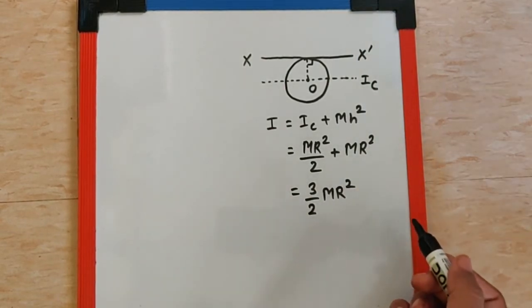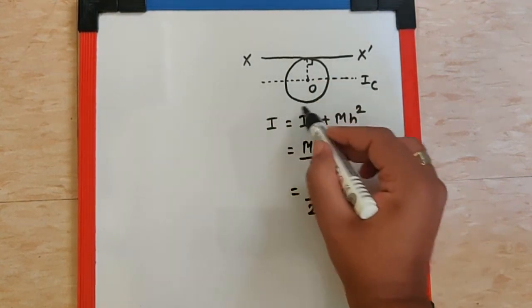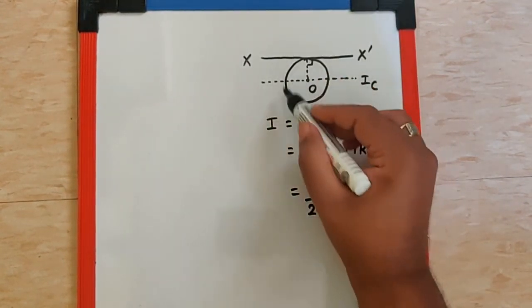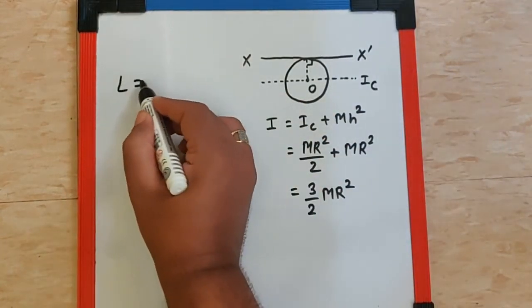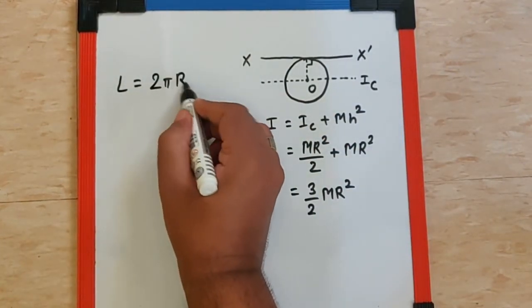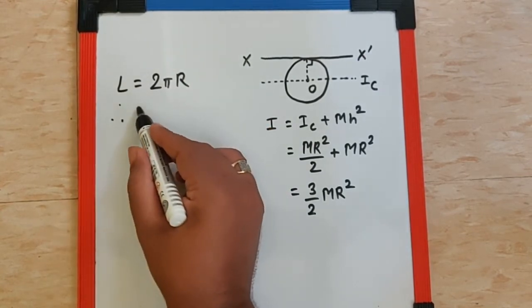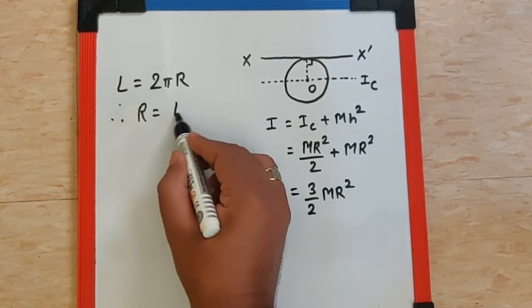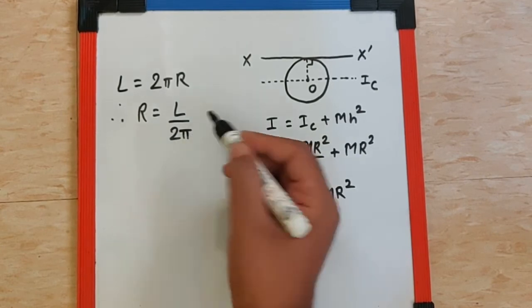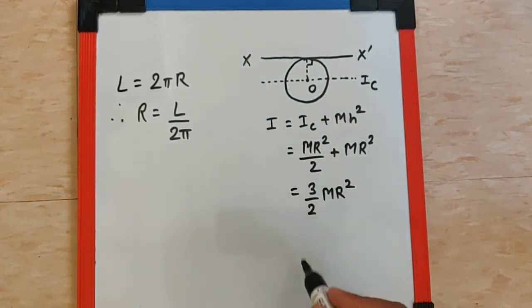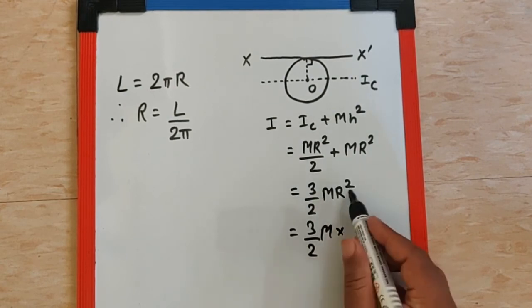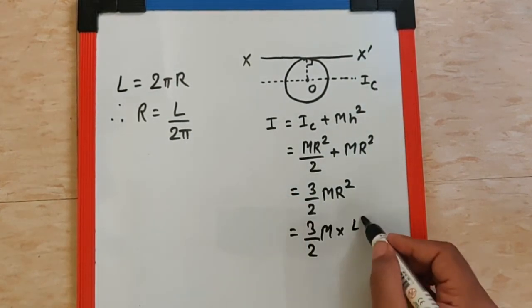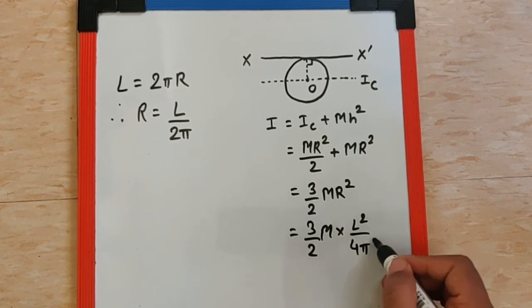Now as we know, this loop or ring is made from a wire of length L, so we can say L is equal to 2 pi r, and so r can be written as L by 2 pi. So if we substitute that over here, we get 3 by 2 m into r square as L square by 4 pi square.